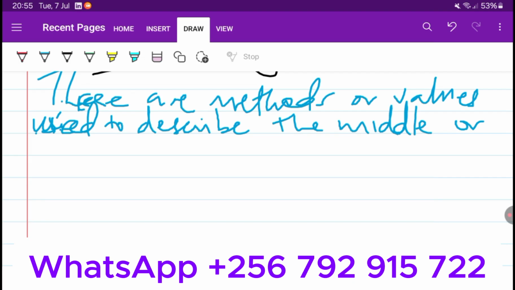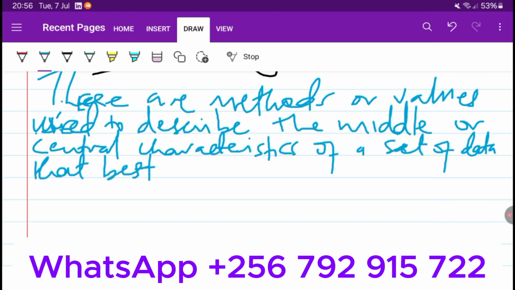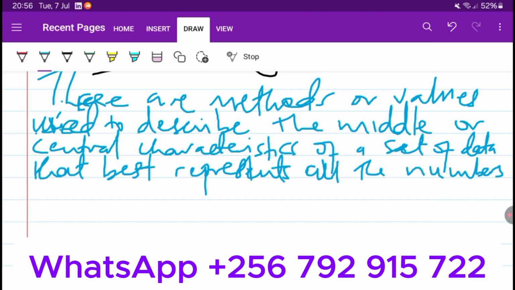To describe the middle or central characteristic of a set of data that best represents all the numbers in the sample or population.